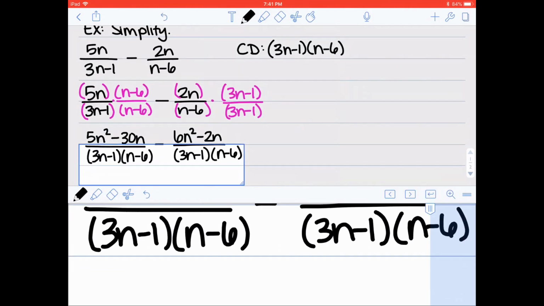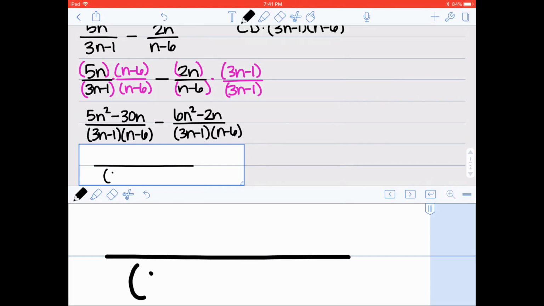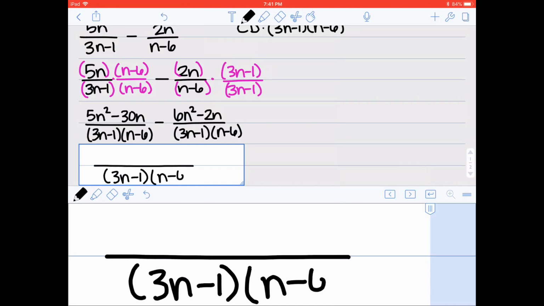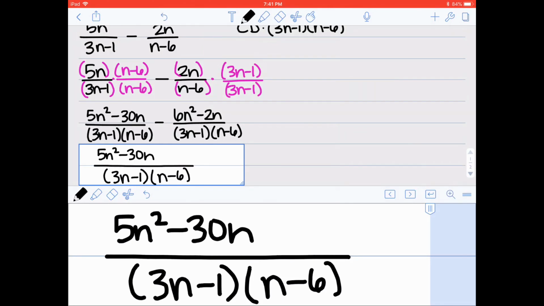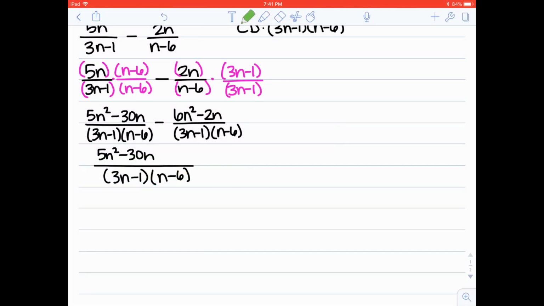Now the important thing is that I can write this as one big fraction, and I have that common denominator. So from the first fraction, I have the 5n squared minus 30n, and then we have to be really careful about that second fraction because I have this negative right here, and that negative needs to be distributed.